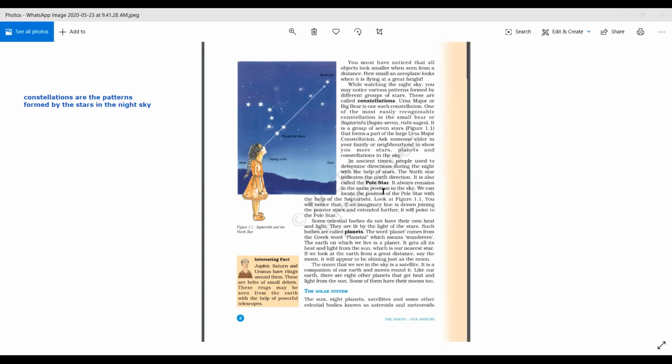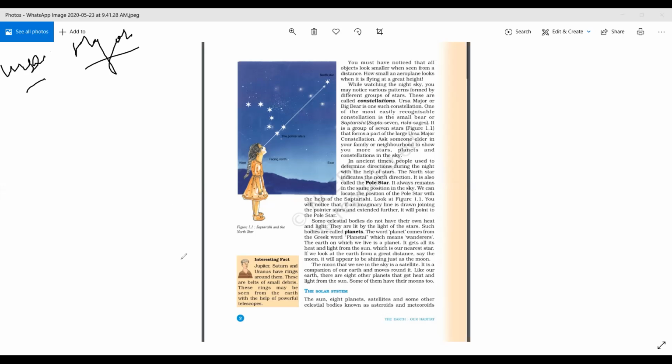So right now we got to know about the Ursa Major.